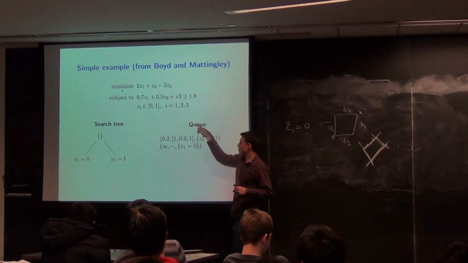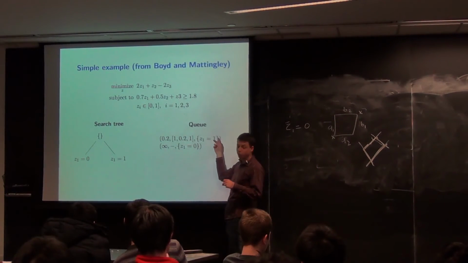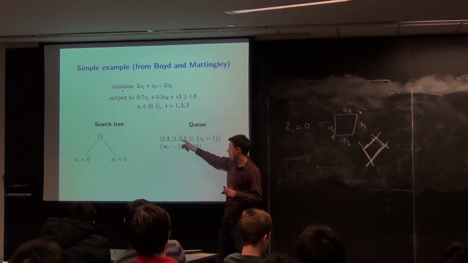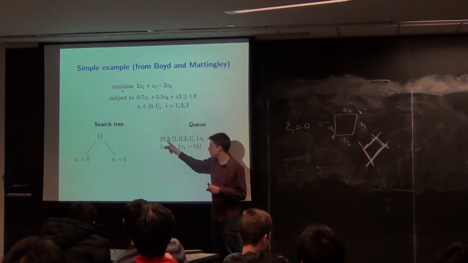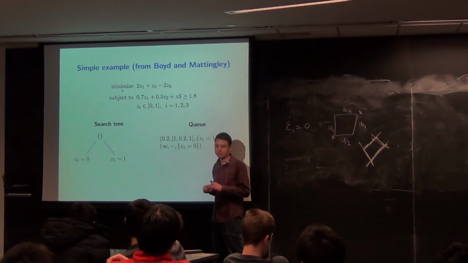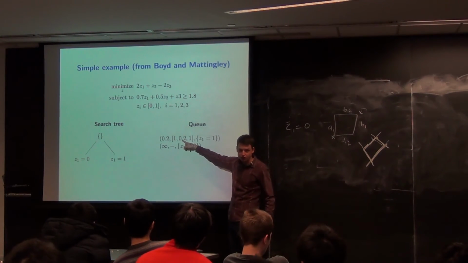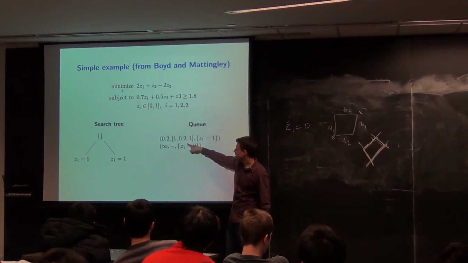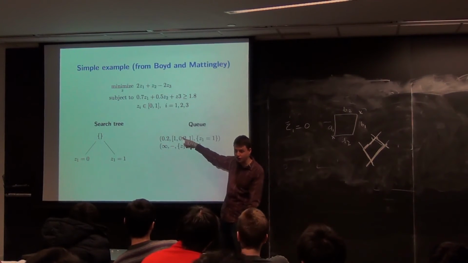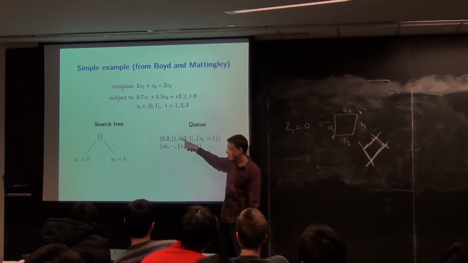Now I solve this problem with the additional constraint that z1 equals 1, and I get this solution with an objective value of 0.2. Again, it's not an integer solution. Interestingly, this variable here, which was integer valued the first time, is not integer valued anymore. But that's fine.